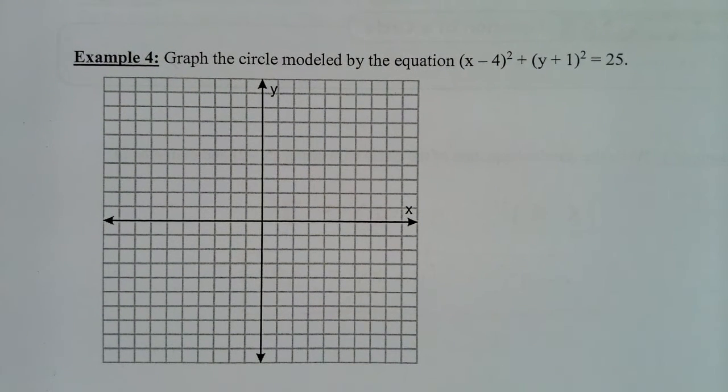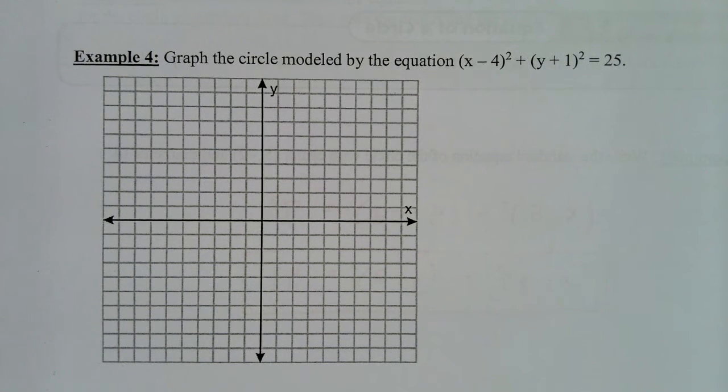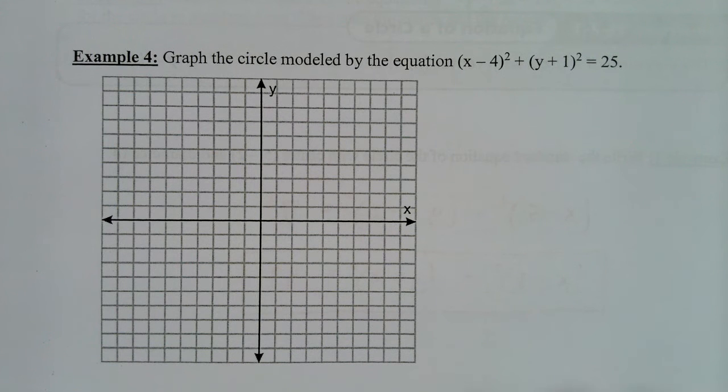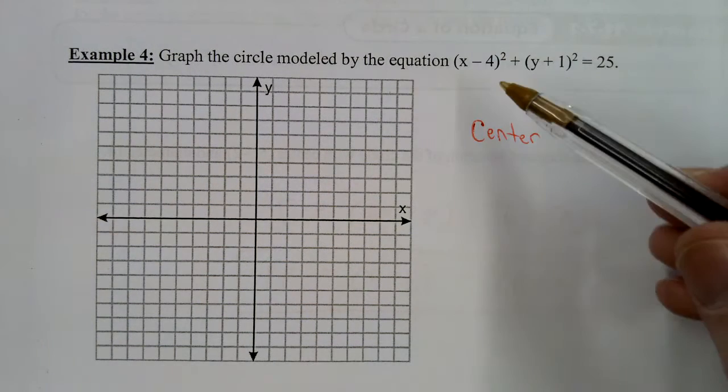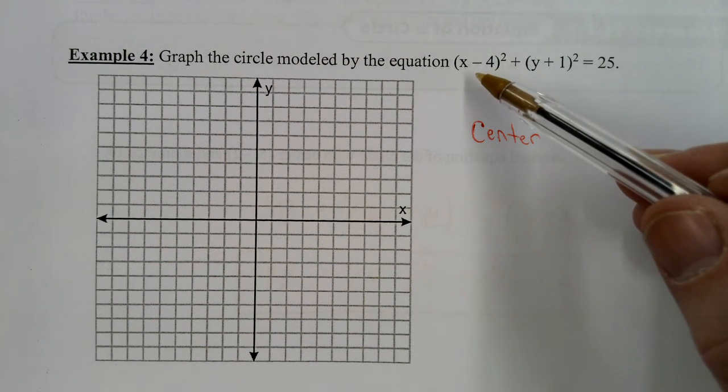Graph the circle modeled by the equation x minus 4 squared plus y plus 1 squared equals 25. So before I even graph it, let's figure out what the center and radius are. The center is going to be, take the opposite sign, 4, -1.